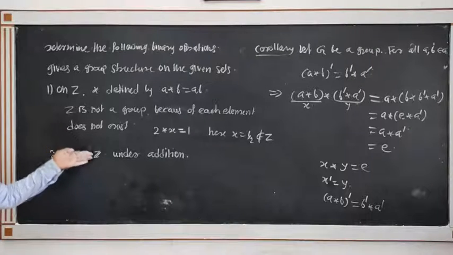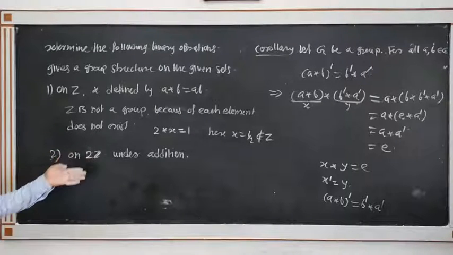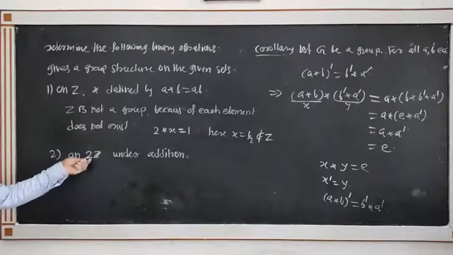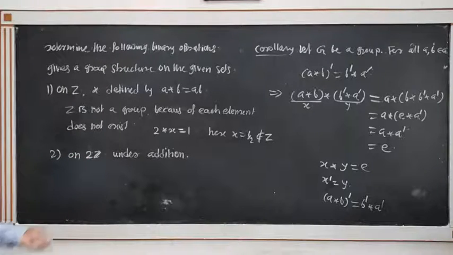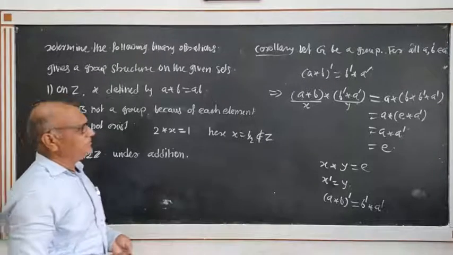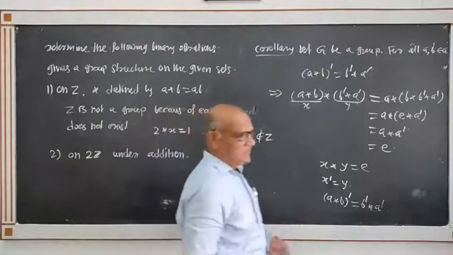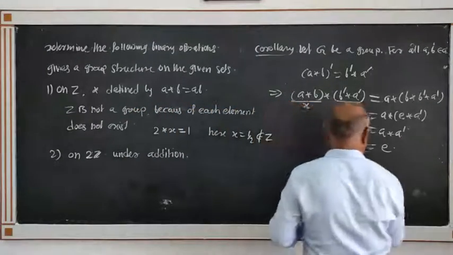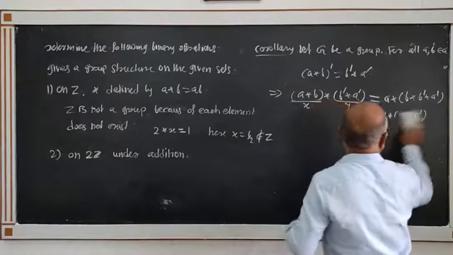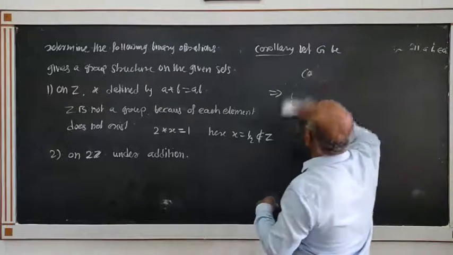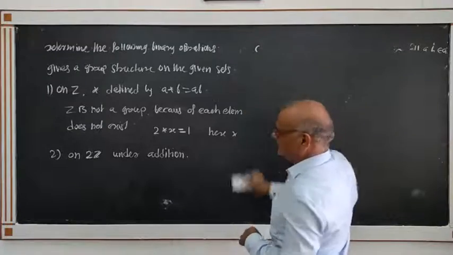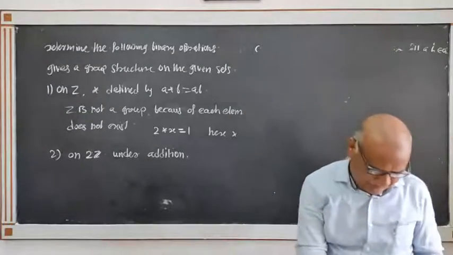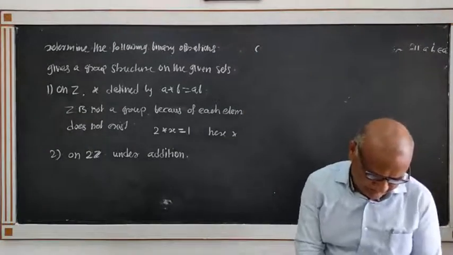Closure property satisfied. Associative, addition is associative. 0 is the identity element, and the inverse of an even integer is again an even integer, the negative even integer.